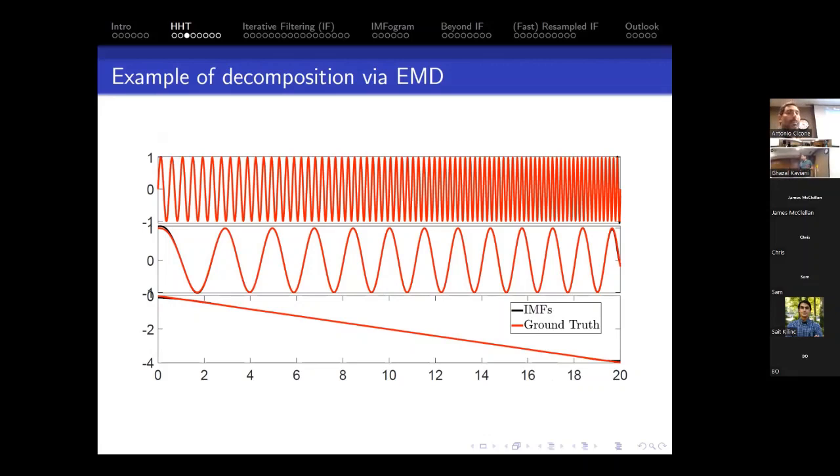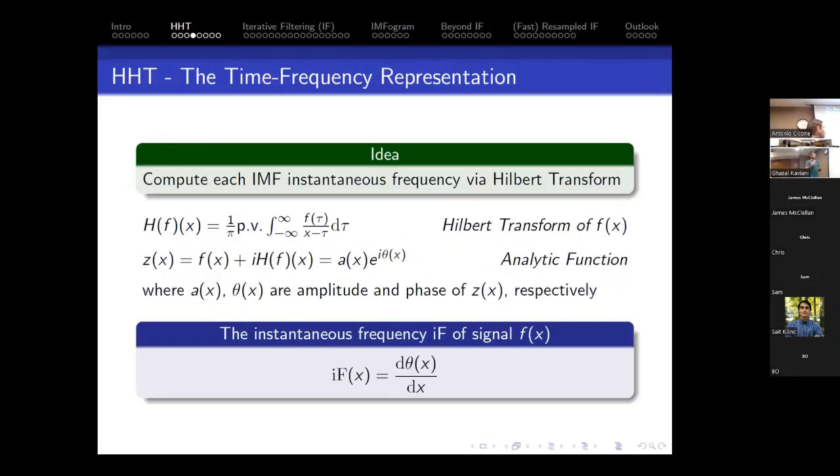Once we get this decomposition, what you can do is the Hilbert part. So we take the IMF, which here I call F, and I compute its Hilbert transform. Why?